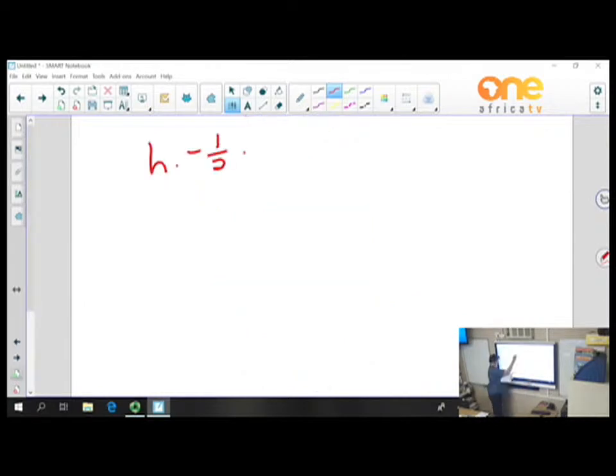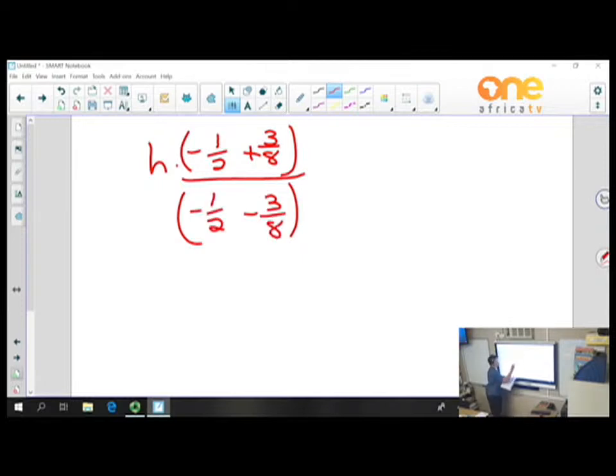Negative 1/2. So the next one says negative 1/2. Again, brackets. Even if you do it with a calculator, you'll have to use those extra brackets. I'm showing you now the method when we don't use calculators. But the extra brackets is very important here. So that means there it's going to be negative 3/16.